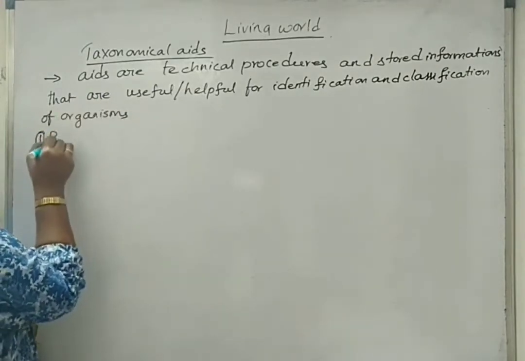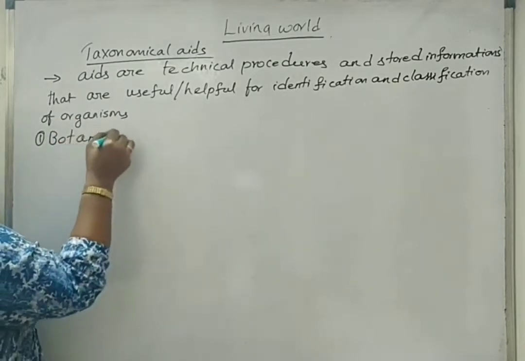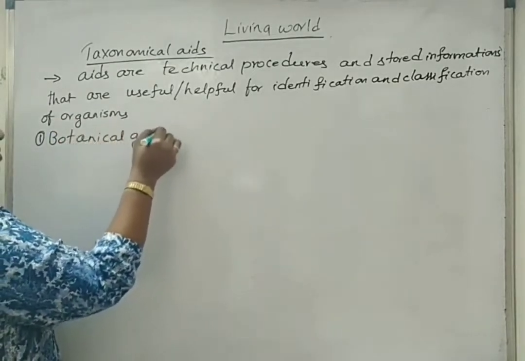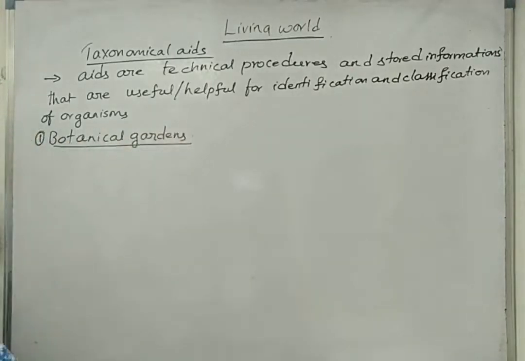The first taxonomical aid is Botanical Gardens. Under Botanical Gardens we have many examples, but what is meant by a Botanical Garden? A Botanical Garden is a place where varieties of plants are grown. All the plants will be alive there.